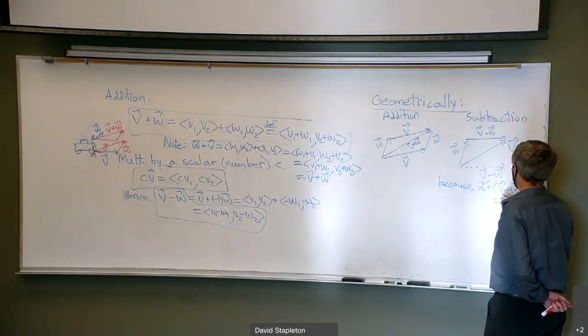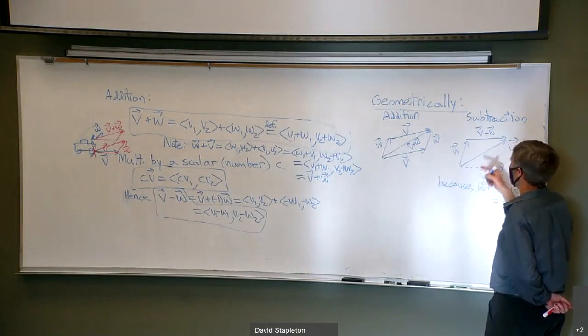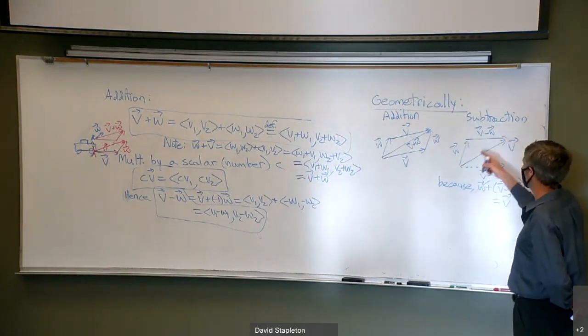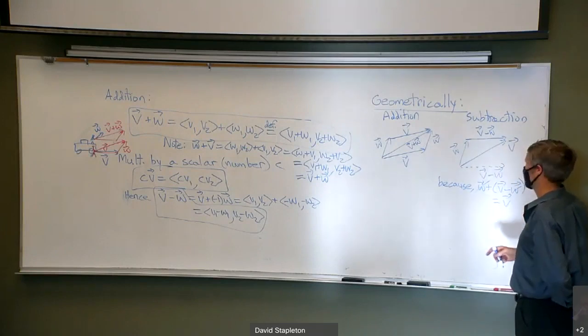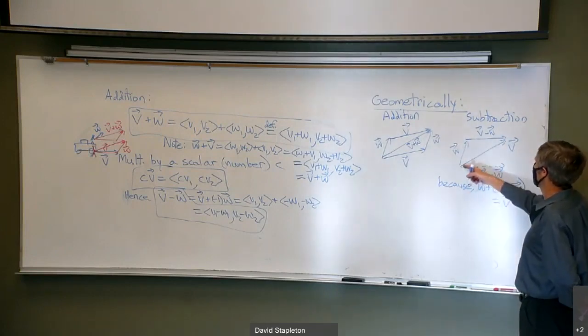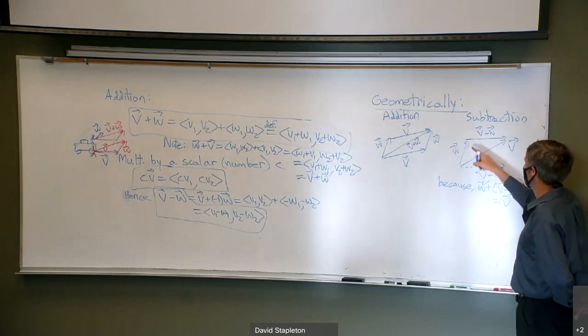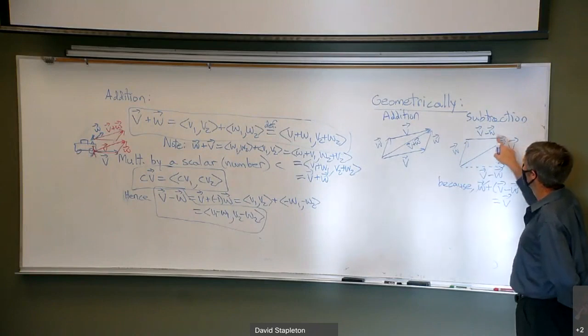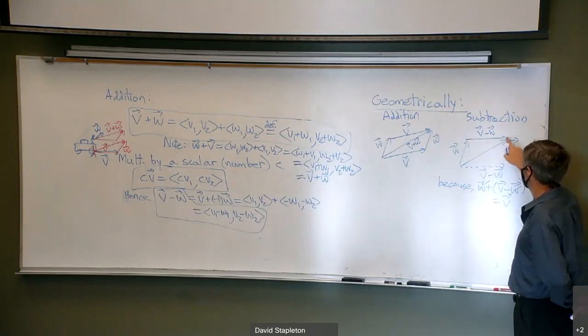I'm supposed to get V. Sure enough, that's what this is. So this plus this we know adds up to V, so it must go to the endpoint of V here. That's what subtraction is. The difference of two vectors is the vector that goes between their endpoints, the vector that, added to the vector subtracted, gives the first vector, so that this holds.